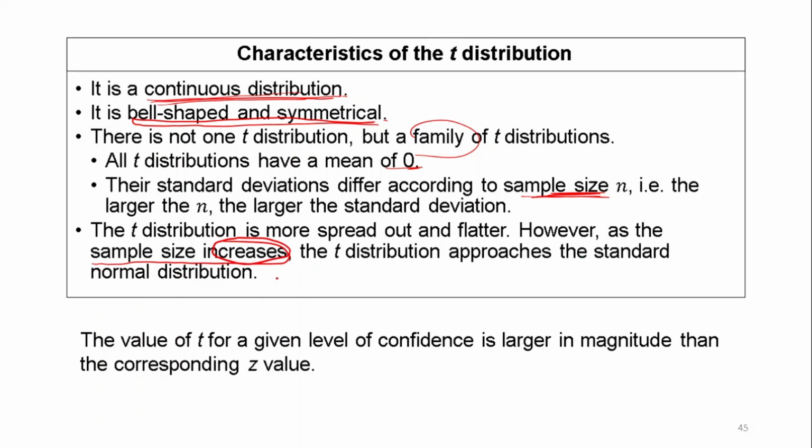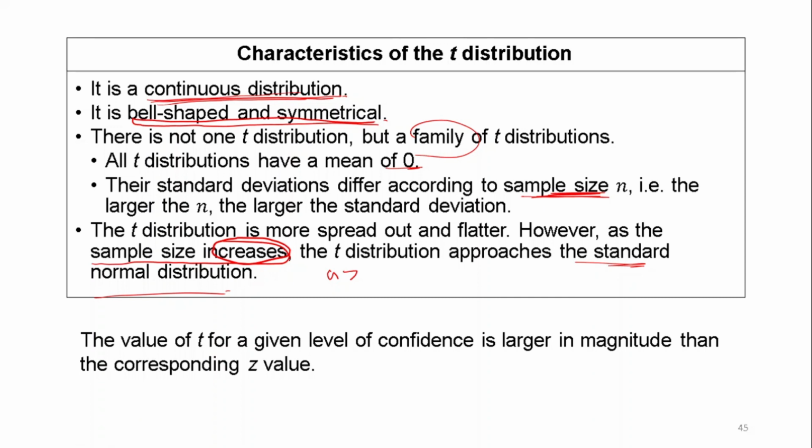We already proved this in the central limit theorem: if our n is increasing, the distribution approaches the standard normal distribution. The same goes for the T distribution. If our sample size increases, the T distribution approaches the standard normal distribution.